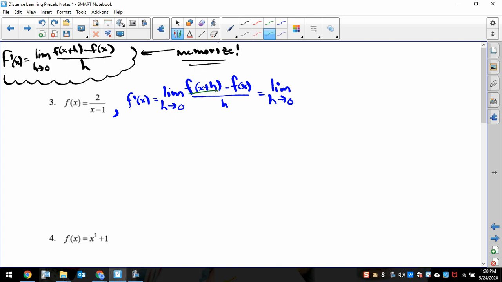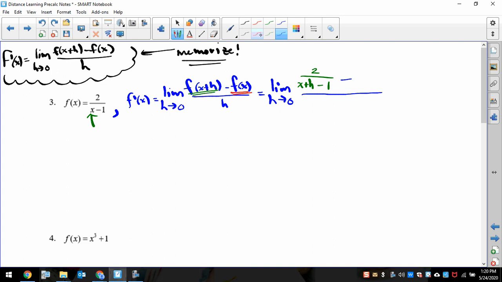I think what I'm going to do is color code this a little better. So this one's going to be in green. So f of x plus h is 2 over, we want to replace this x with an x plus h, minus 1. Okay, so that was the first one. And now this f of x I'm going to write in red.